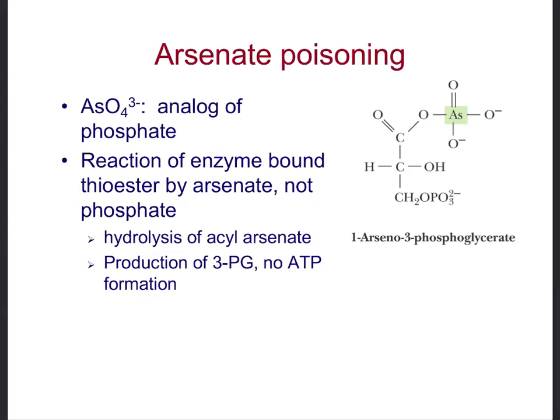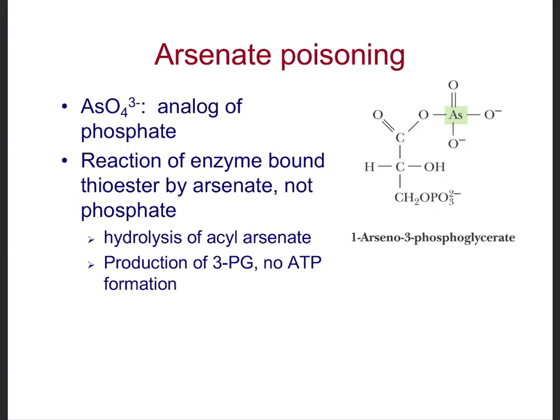Now consider the presence of arsenate. Arsenate is an analog of phosphate. Arsenic is just below phosphorus on the periodic table. It can bind to oxygen in a similar fashion to form the arsenate ion, which is very similar to the phosphate ion.